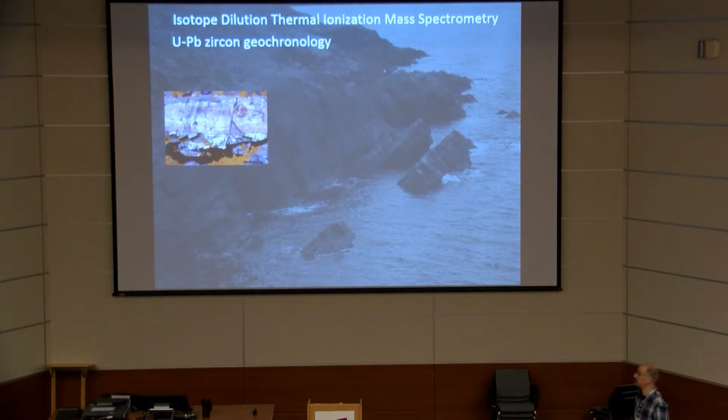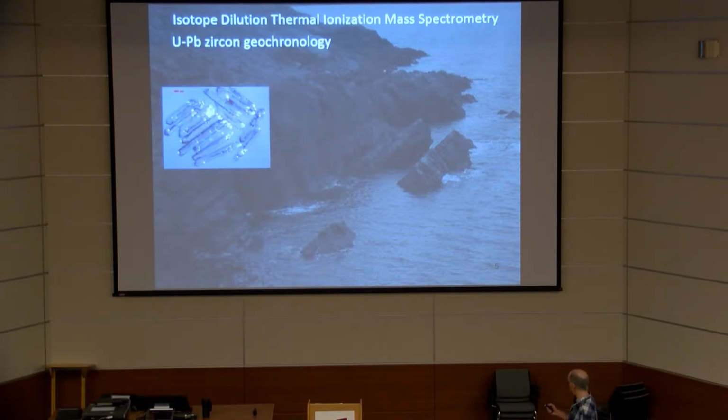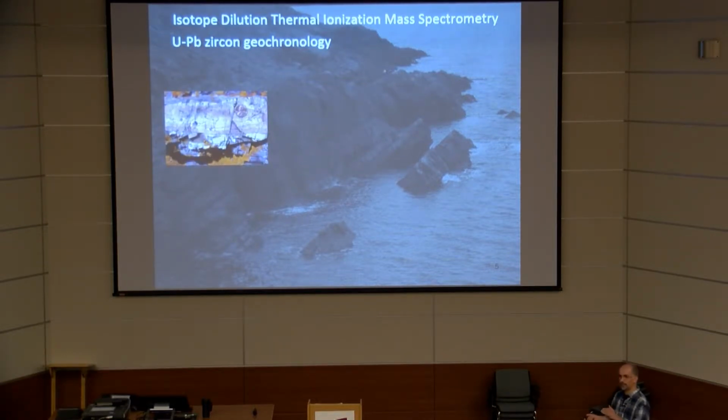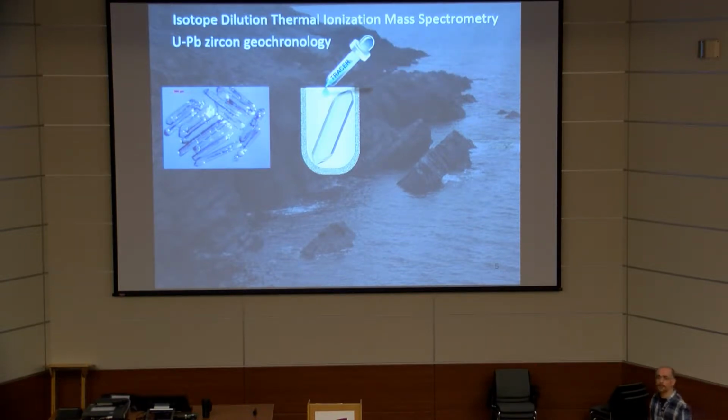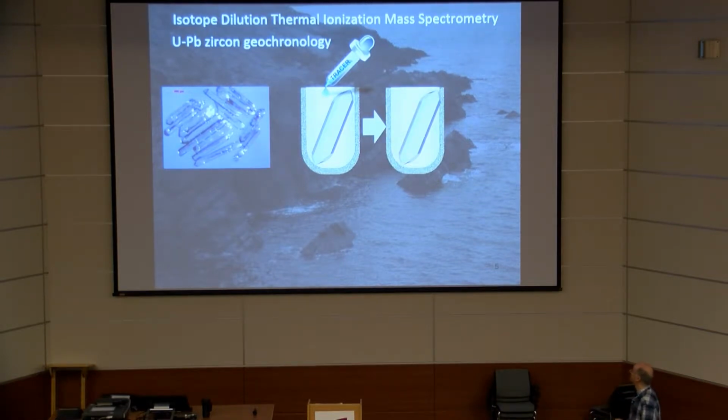So the method we use is uranium-lead zircon ash bed geochronology by isotope dilution thermal ionization mass spectrometry, which means we collect ash beds from stratigraphic sections of interest. This particular one is the ash bed below the Gaskiers diamictites in Great Colonnade Island, the picture in the background. We separate zircons, put them into microcapsules, spike them with a mixed uranium-lead isotopic tracer, and then totally dissolve them in hydrofluoric acid.